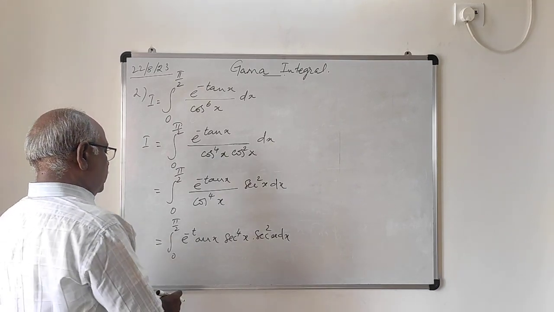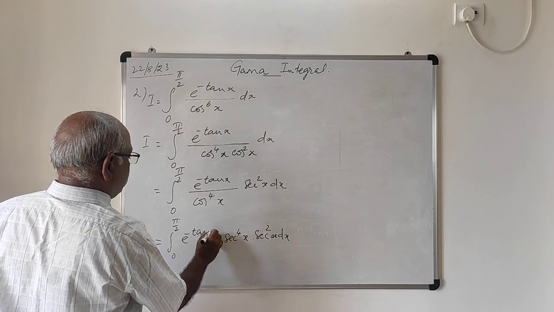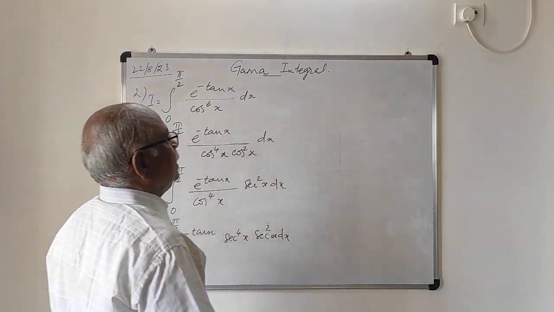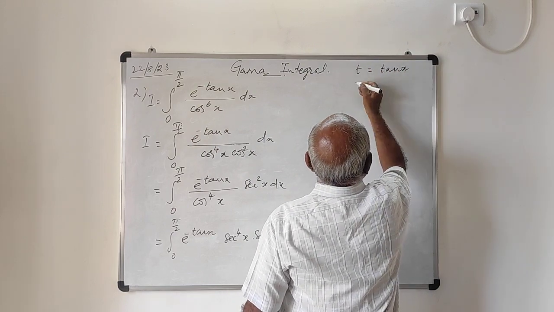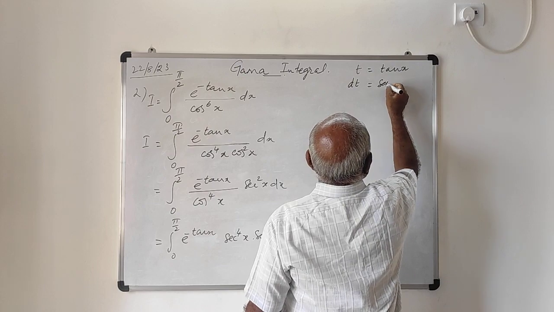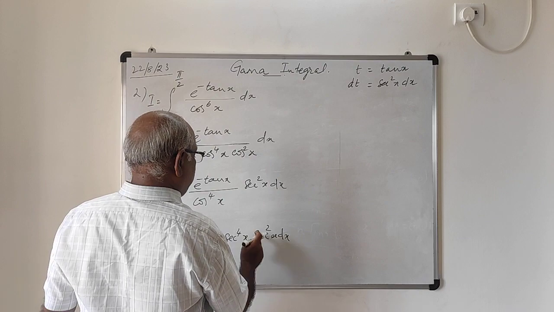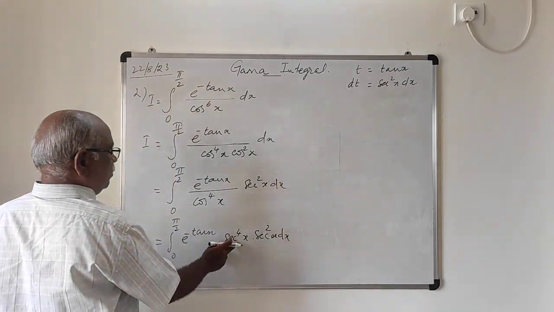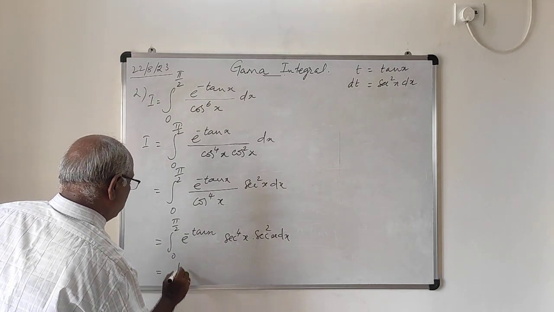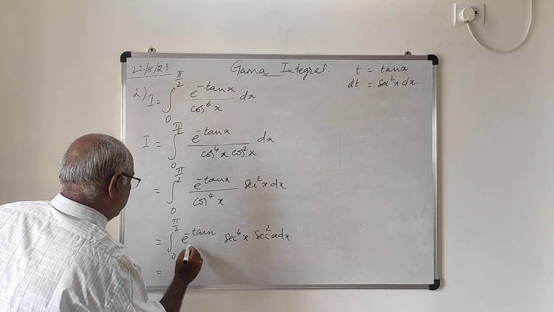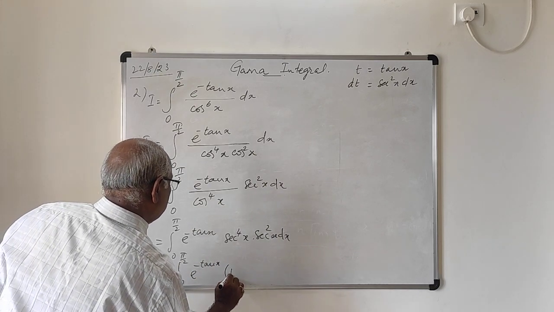Now to evaluate this, you make a substitution: put t equal to tan x. By differentiation, dt equal to secant square x dx, so secant square x dx becomes dt.